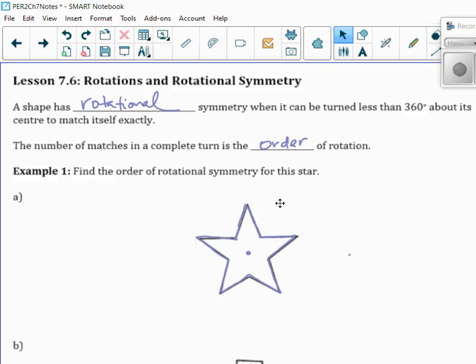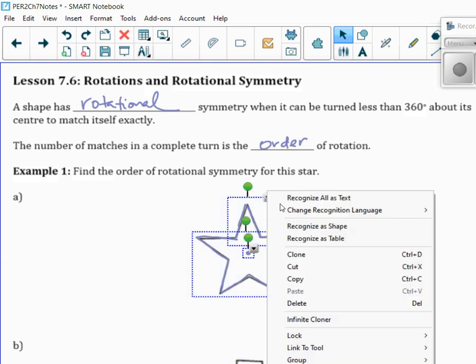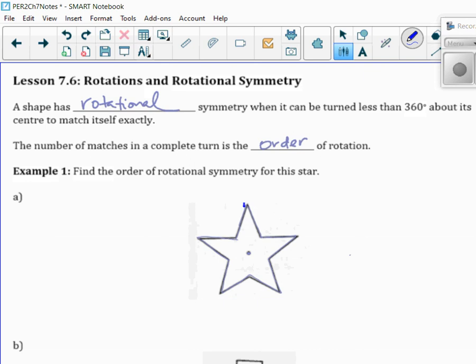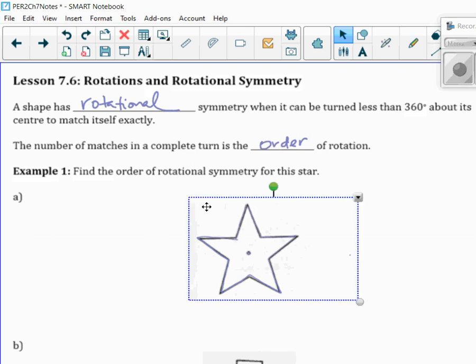I'm just going to group this together here. I should have had that on the thing, but it doesn't matter. So I'm going to take this thing that I've drawn, and I'm going to rotate it.